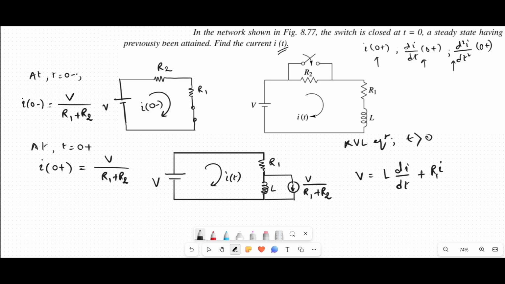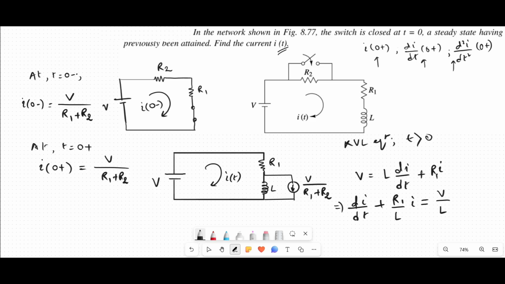So the value is R1, so R1 I. So from here we can have di/dt plus R1 by L I equals V by L, right?